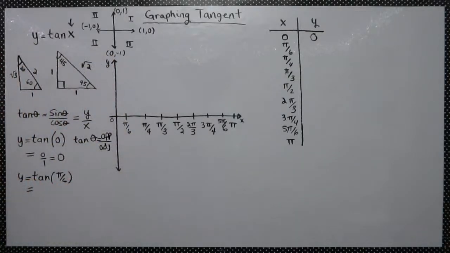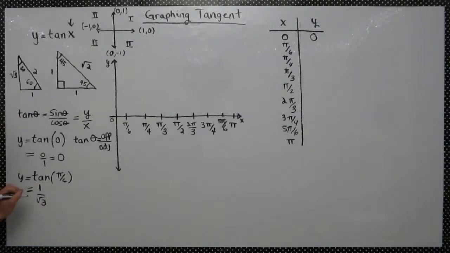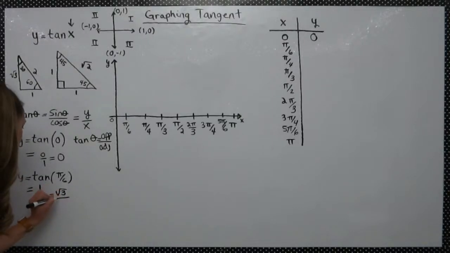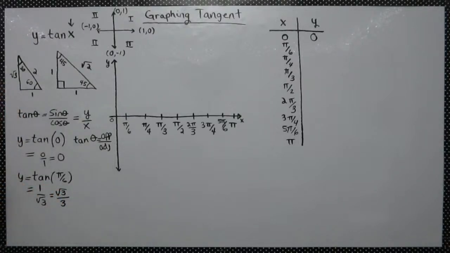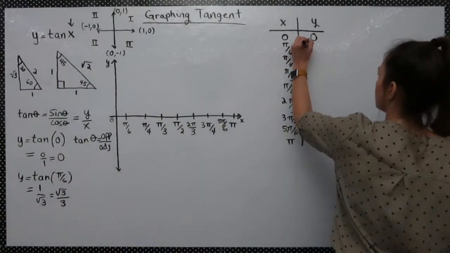Okay, so when you're doing your special triangles, you're looking for opposite 30 degrees, which is 1, and adjacent to 30 degrees would be radical 3, sorry. So then you'll rationalize that. Remember, you can't have a radical in the denominator, and that's going to be radical 3 over 3. So there's my point, radical 3 over 3. And I'm going to put that right here.